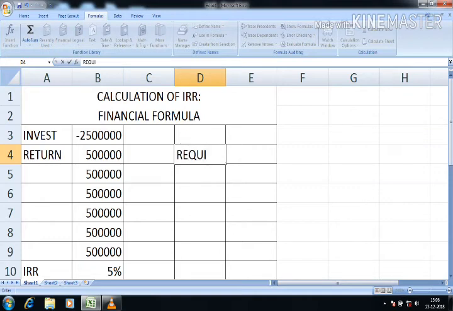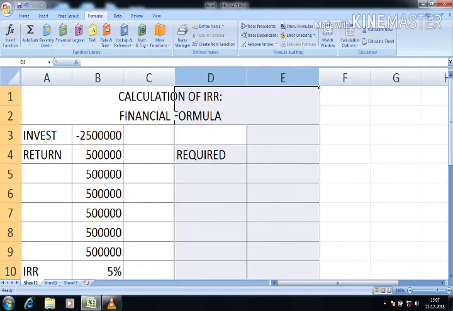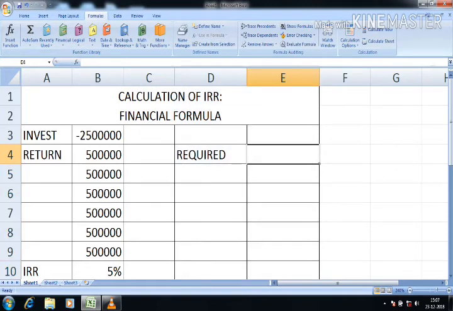So at first I am taking that, suppose I require in total for purchasing anything, the total required money, ₹20 lakh.